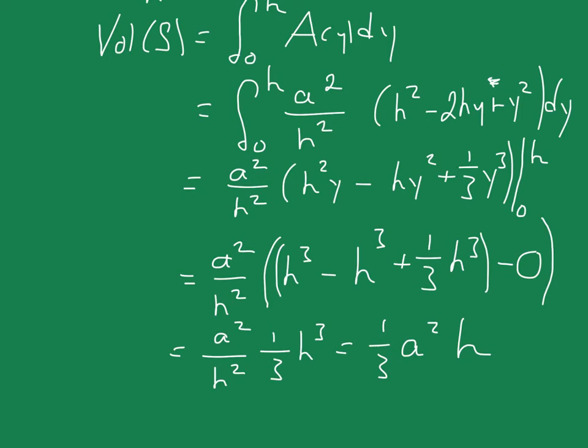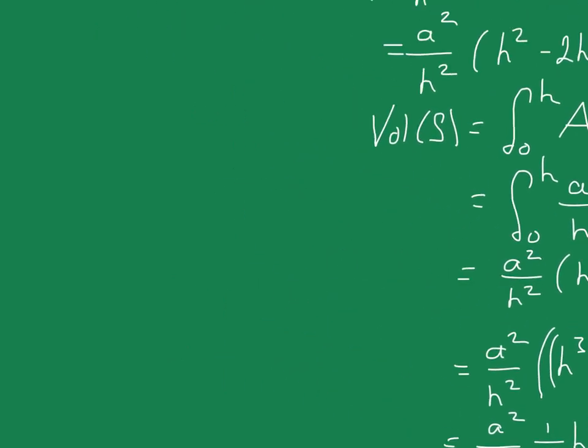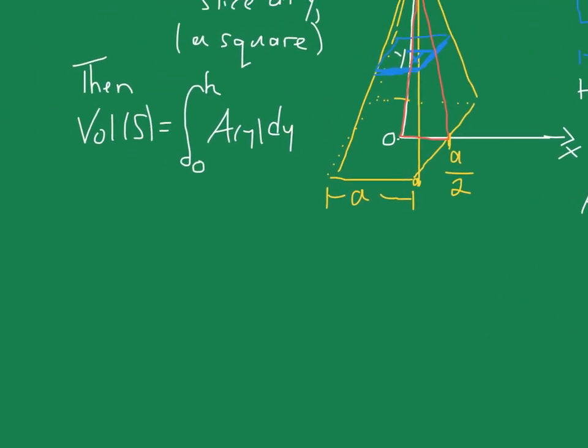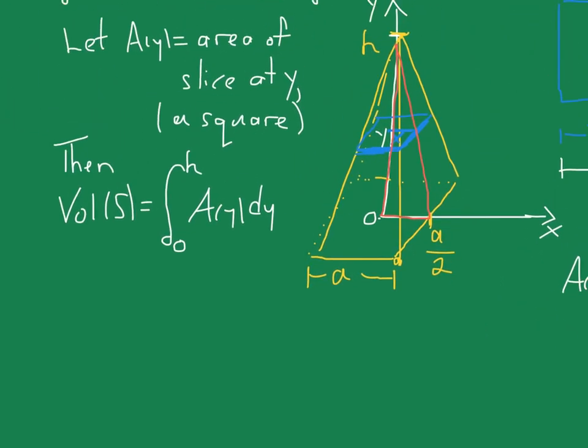Okay, so what's the volume of a pyramid with square base and height h? It's 1/3 a squared times h. I'm just going to come back over here, and I'm just going to write this down.